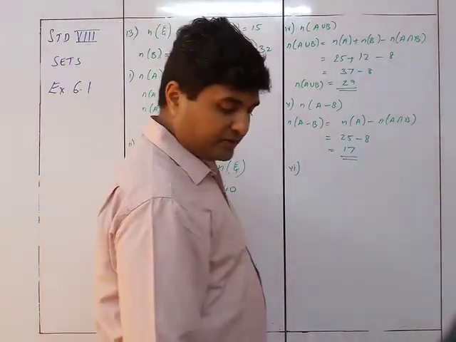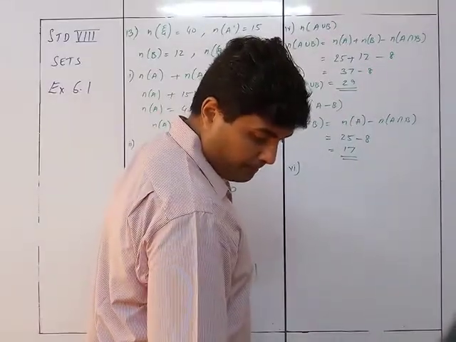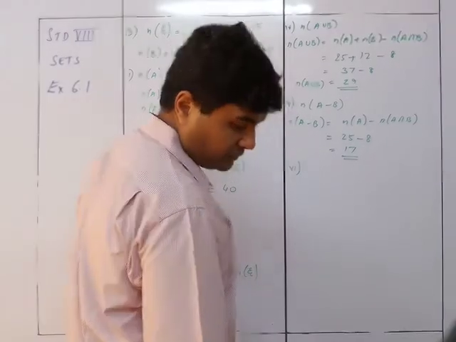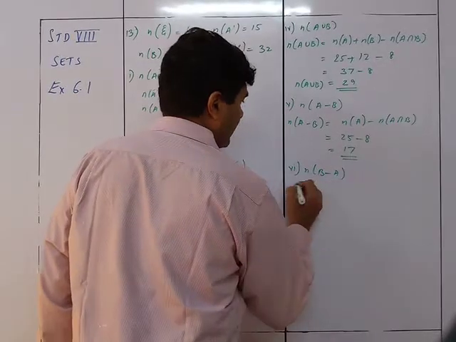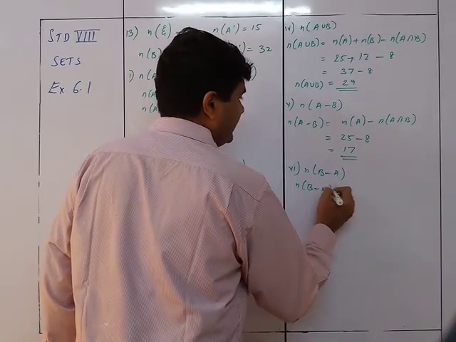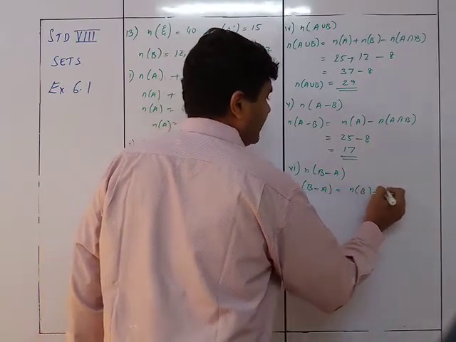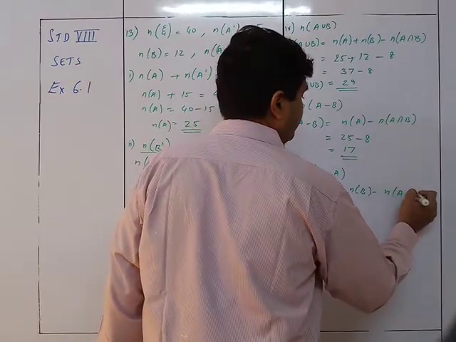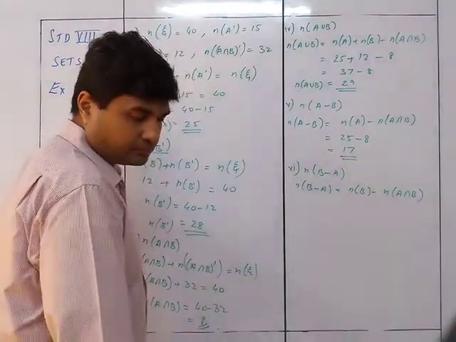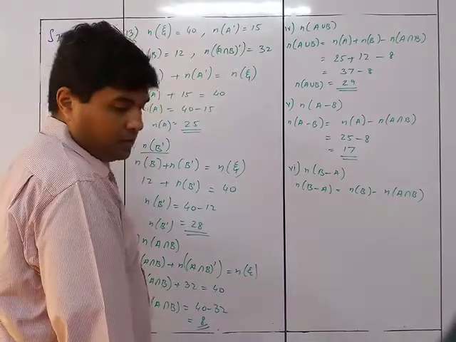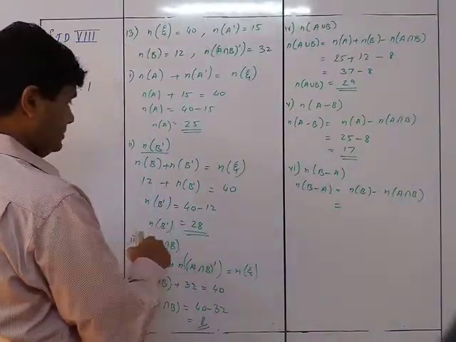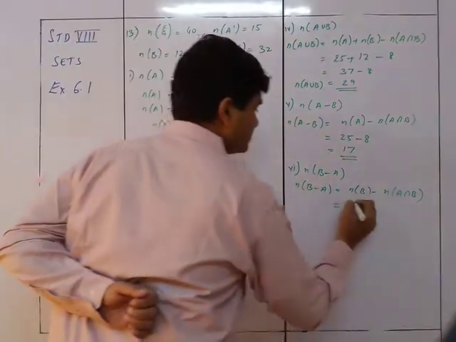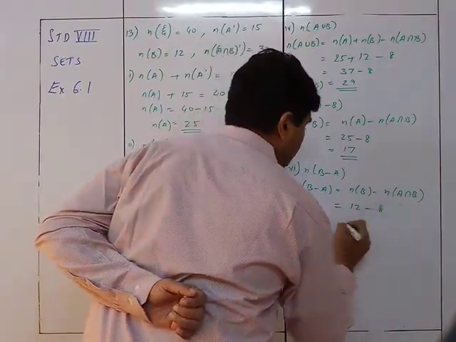The next one is n(B minus A). n(B minus A) equals n(B) minus n(A intersection B). So n(B) is nothing but 12, and this is 8, so it's 4.